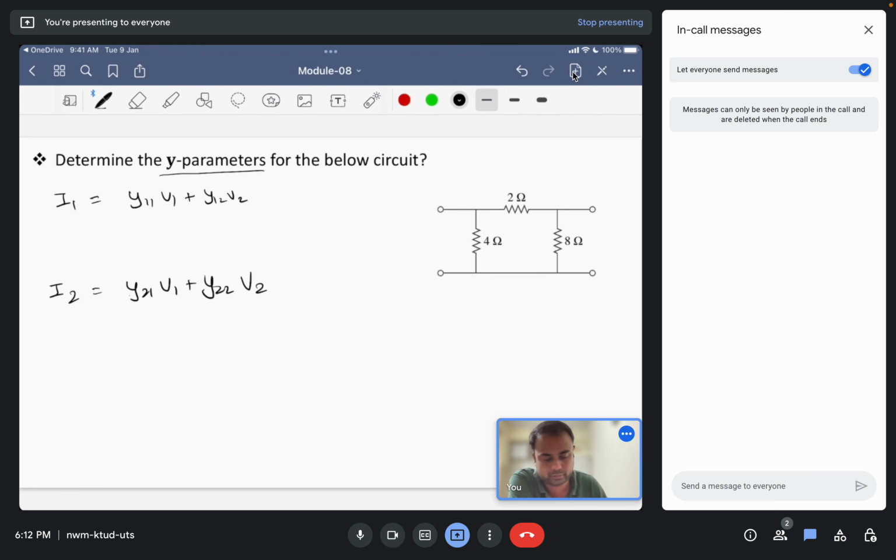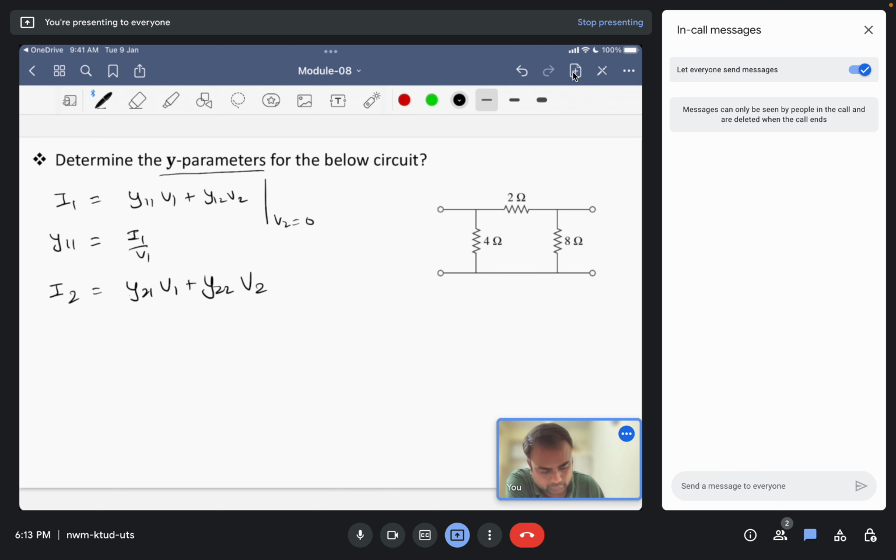So in this case, if we put V2 equal to 0, that is we are short circuiting the output terminals here. In case of V2 equals to 0, we can get Y11 is equal to I1 by V1.